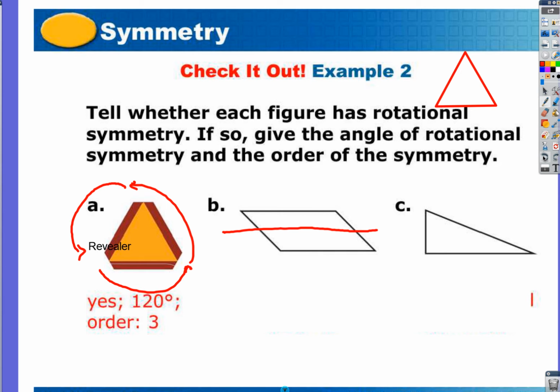It should work this way too. There are a few lines of linear symmetry, but here we're being asked for rotational.